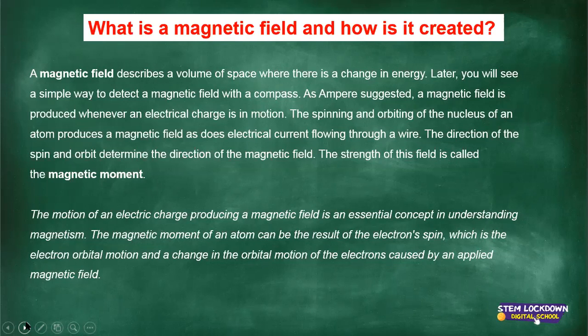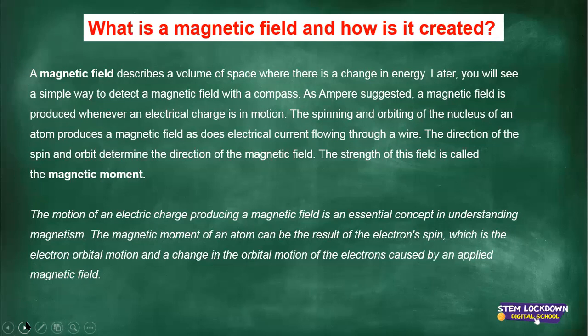So the motion of an electric charge produces a magnetic field, and it is an essential concept in understanding magnetism. You need to understand that the movement of this charge, and the movement of how the electrons move together, is essential in understanding magnetism.